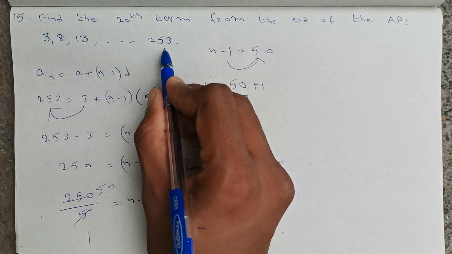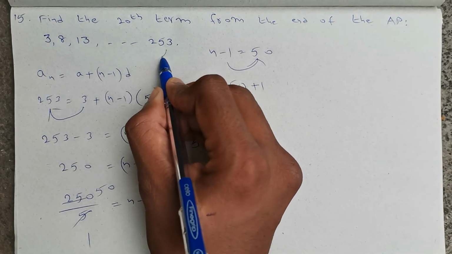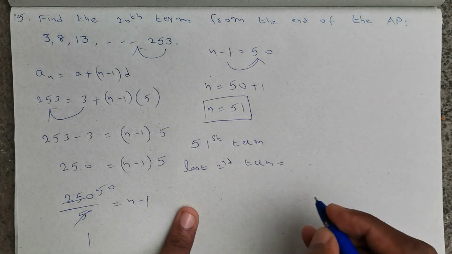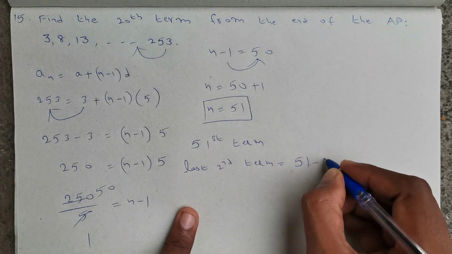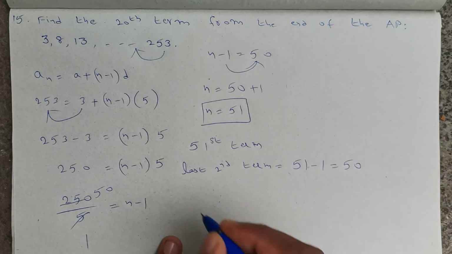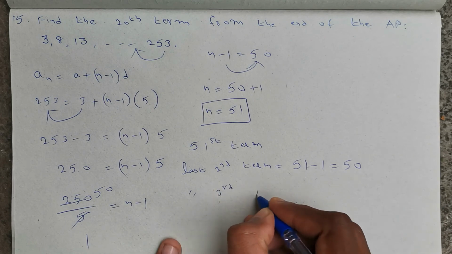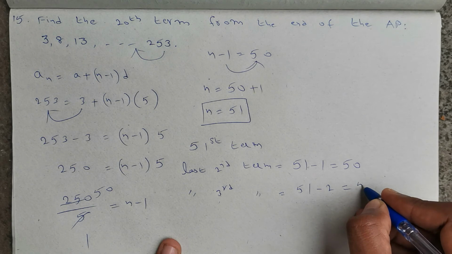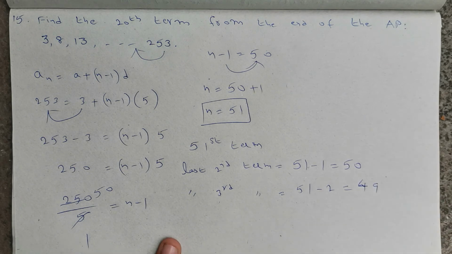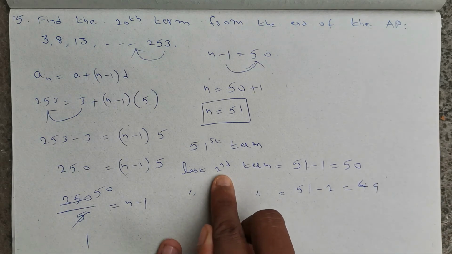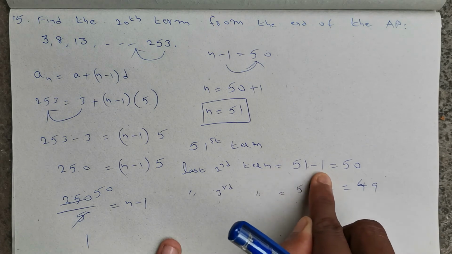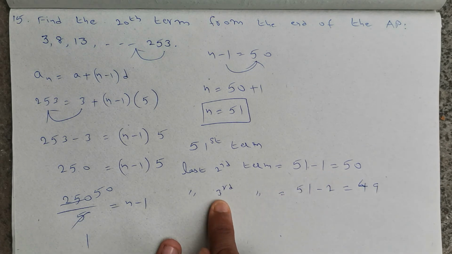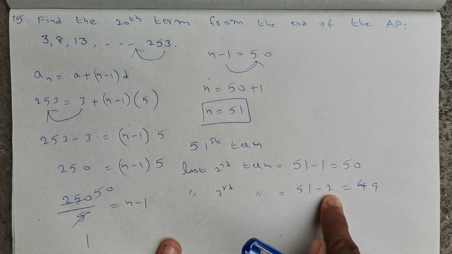So this is the 51st term. Just before this it will be the 50th term, so that is 51 minus 1, 50. The same way, last third term, 51 minus 2, 49. Observe here clearly now. Last second term 51 minus 1, last third term 51 minus 2.